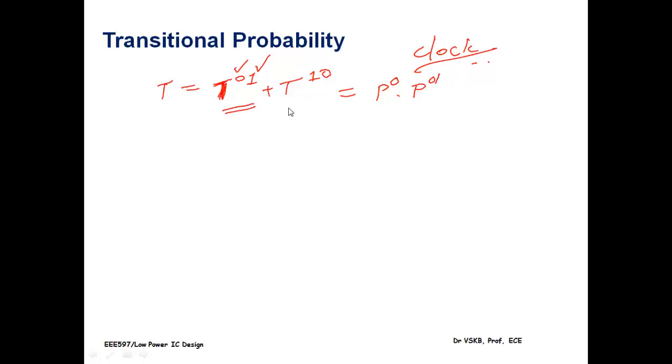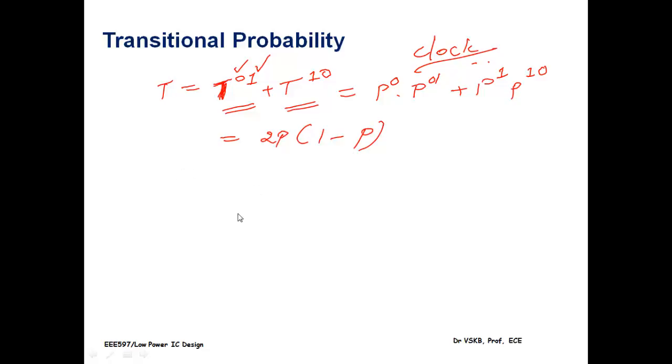And similarly for T10, previously I should have been at a 1 with a probability of P1 happening, and this changing over from 1 to 0, that is P10. And we know P0 is 1 minus P, and P1 is P. So simplifying this, I would get twice P times 1 minus P.